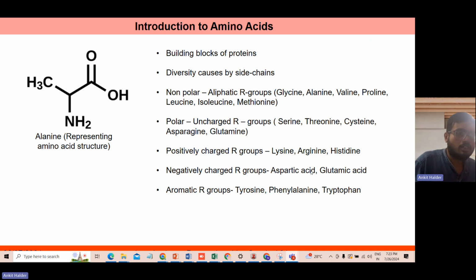From there the complexity starts, and that is where proteins build up, which make up all our muscles, tissues, organs, and finally the diversity, the changes that are visible to each one of us, because of the changes in these proteins.